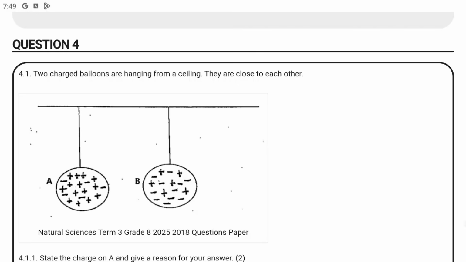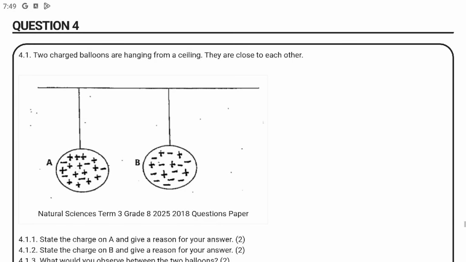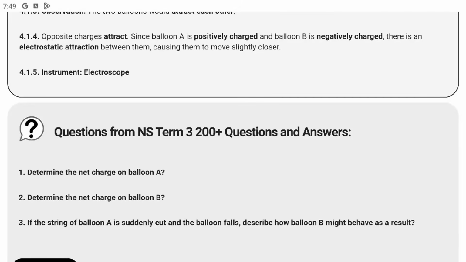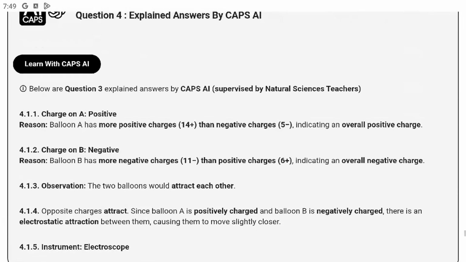But as far as the top line is straight, then we can see that balloon A is leaning towards balloon B, right? So the observation is two balloons would attract each other.